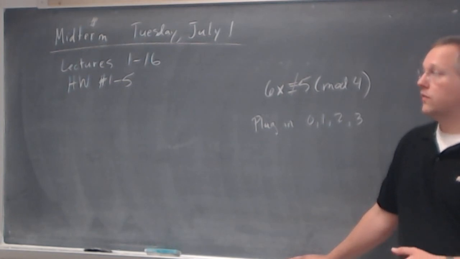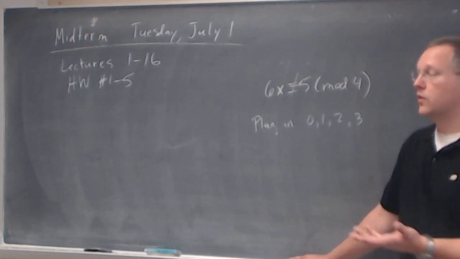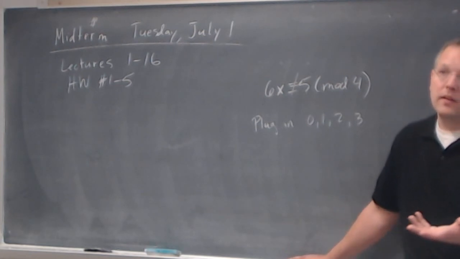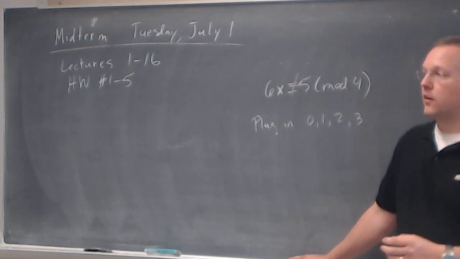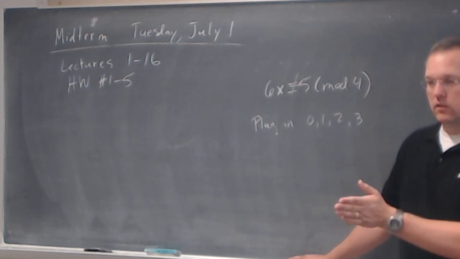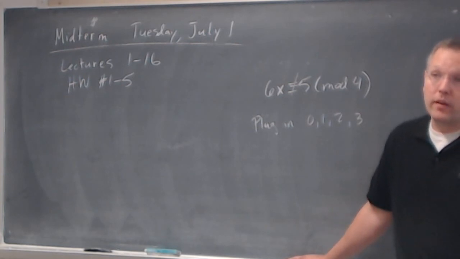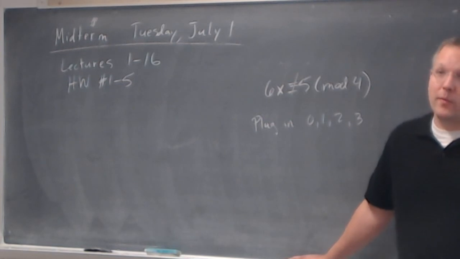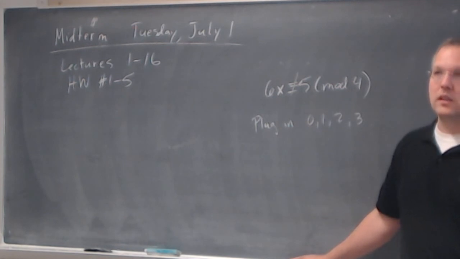I think if you know what you're doing, you should get an A. If you don't know what you're doing, you shouldn't get an A. That's my philosophy. So I'm not going to grade on a strict 90 to 100 A scale. It might work out that way, but I don't mind giving everybody an A. If everybody gets an A, everybody gets an A. But I really wanted to just wait and see.